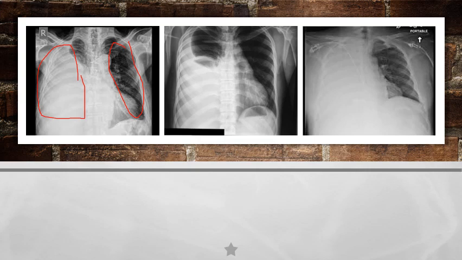So we have whitish opacity here, here and here. You can ask yourself whether this opacity is homogeneous or heterogeneous. It's homogeneous opacity. So we have homogeneous opacification obliterating the field of the right lung.